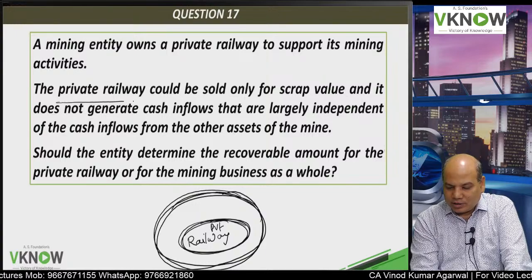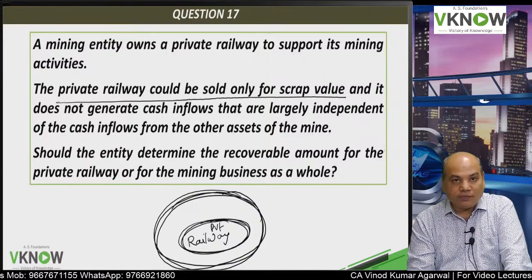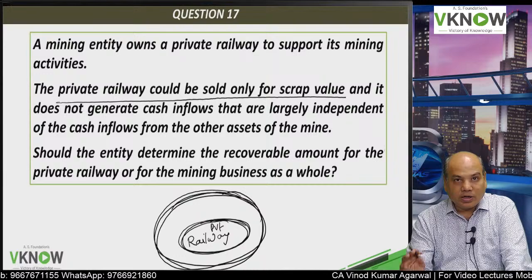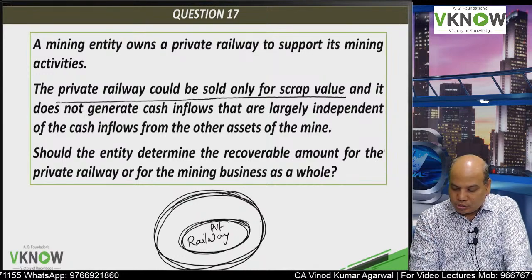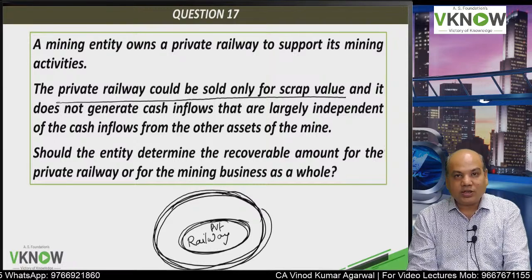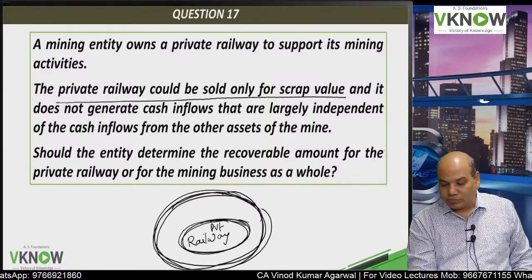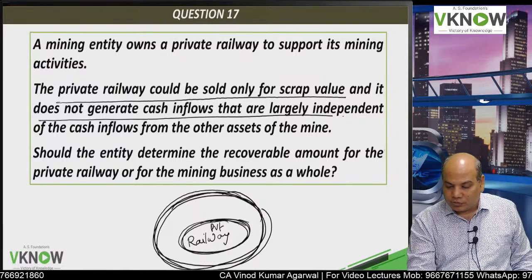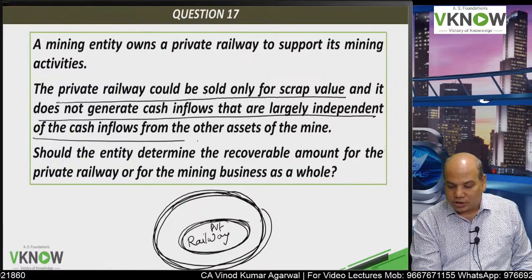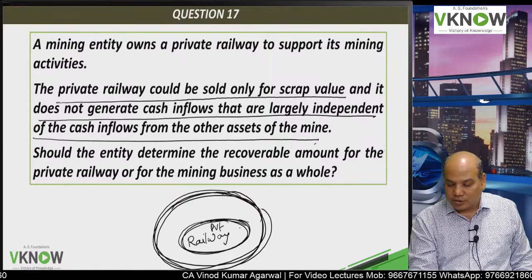The private railway could be sold only for scrap value. The private railway does not generate independent cash flow. The whole mine together generates independent cash flow. And it is written in the problem also, it does not generate cash inflows which are largely independent of the cash inflows from other assets of the mine.